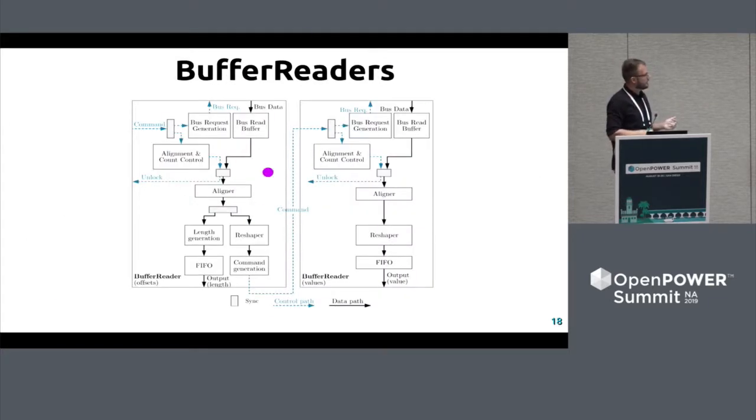So we use all these components, and then we combine them into these buffer readers, right? So this is a buffer reader for a values buffer, for example, a C-like array. It does all the pointer arithmetic for you to figure out where the data is and to align it properly, and it reshapes the stream into multiple elements per cycle streams according to your configuration.